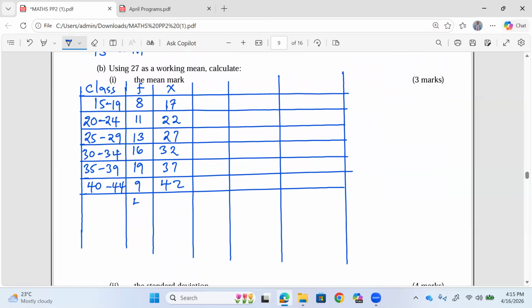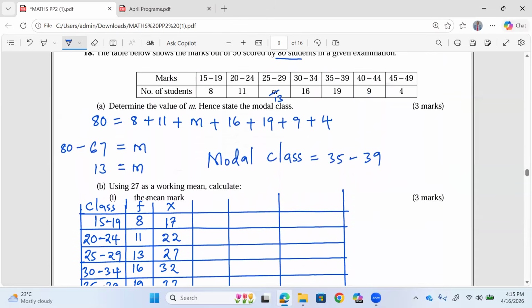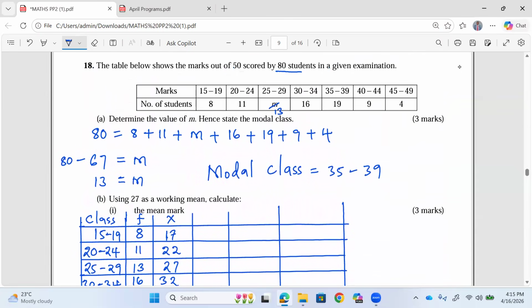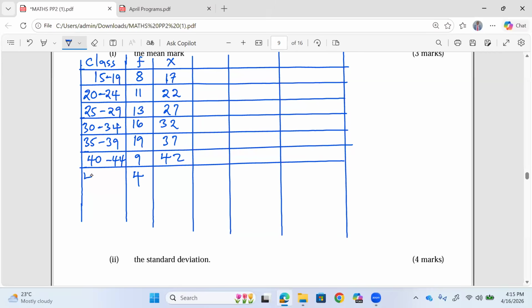And the class is 45 to 49, so the midpoint is going to be 47. When we take 45, we add 49, we divide by 2, we get 47.